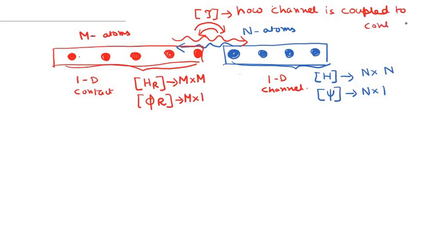And how the contact is coupled to the channel is denoted by the matrix tau dagger, which is the conjugate transpose of this matrix tau.